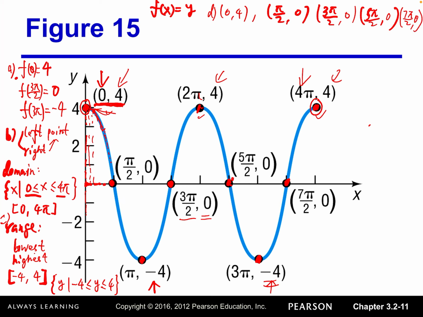So in total, we have 5 intercepts: 1 y-intercept and 4 x-intercepts. That's question D answered.